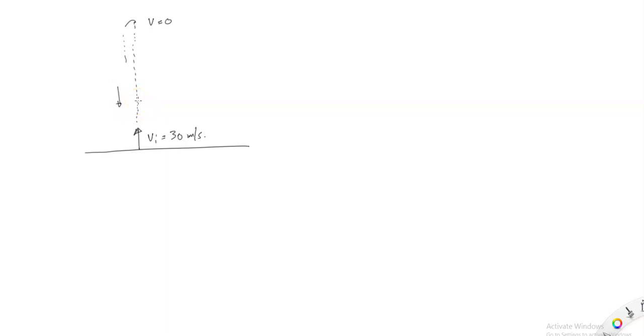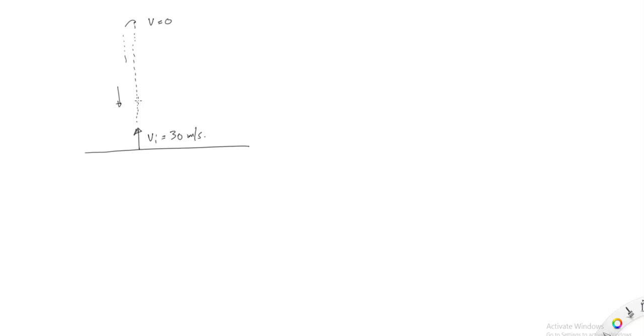Now there is an interesting thing. If we consider there is no air resistance, atmosphere is something that always slows things down. On the way down it slows you, on the way up it slows you.